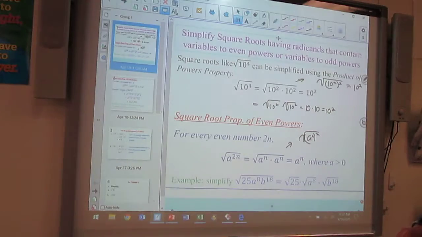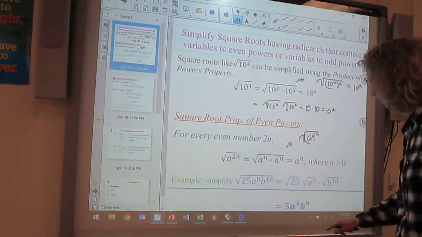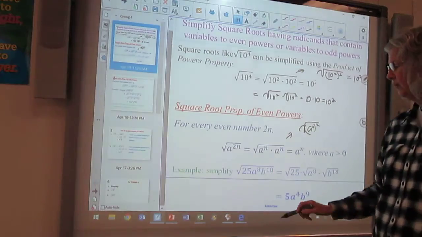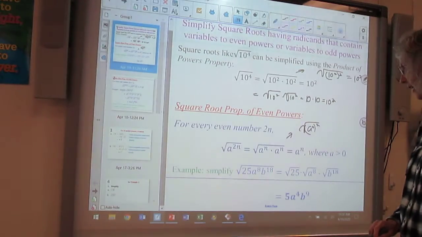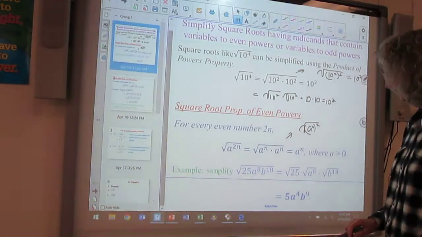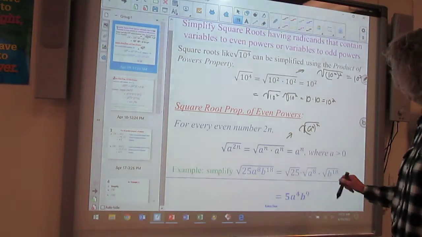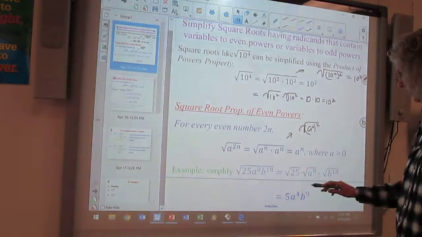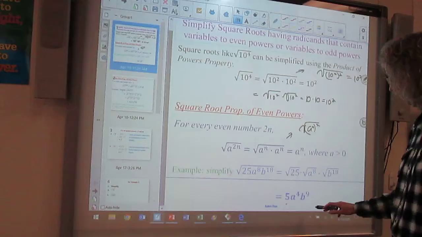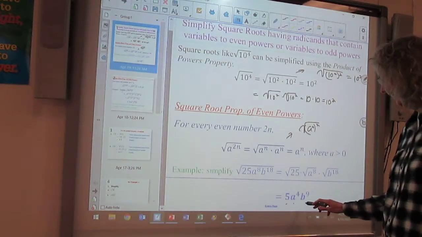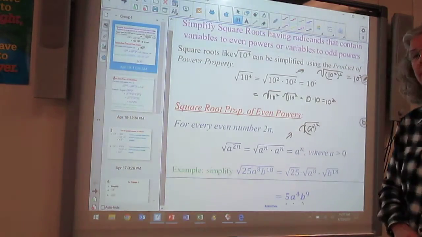Let's simplify this example. Let me move this up so you can see it better. The square root of 25a to the 8th times b to the 18th equals the square root of 25 times the square root of a to the 8th times the square root of b to the 18th. Square root of 25 is 5. Square root of a to the 8th is a to the 4th. And the square root of b to the 18th is b to the 9th.